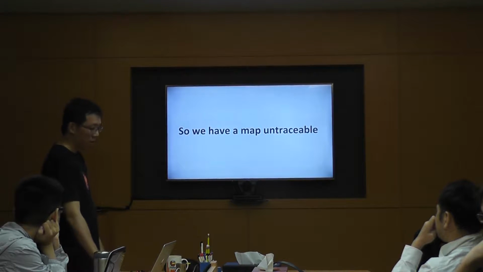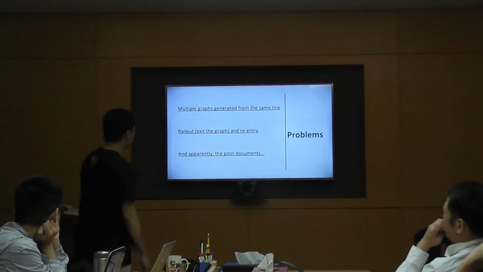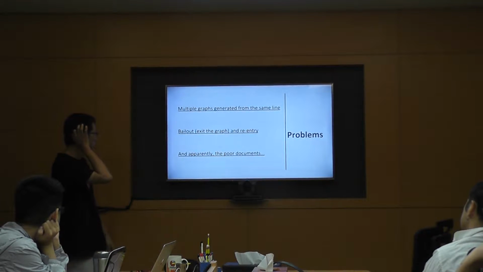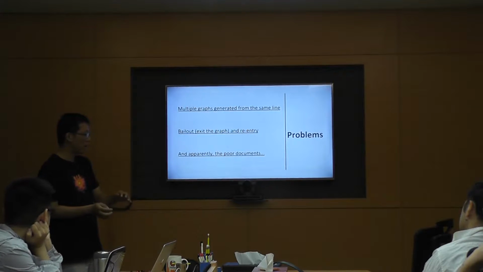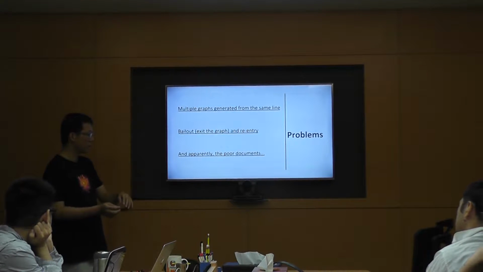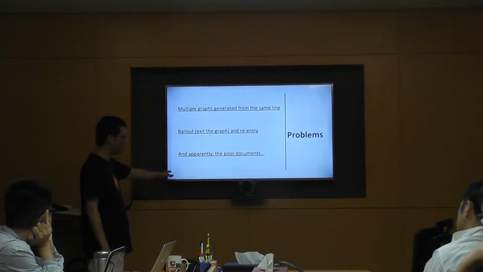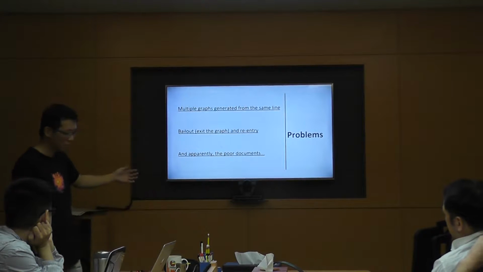So we have a map that is untraceable, and the problems are here. The first is the multiple graphs for the same line I mentioned. And then the bailout and reentry, because I didn't know how IonMonkey follows the flow and where the bailout is. And we don't have much documentation on our development network or in the comments. So that's the little problem.